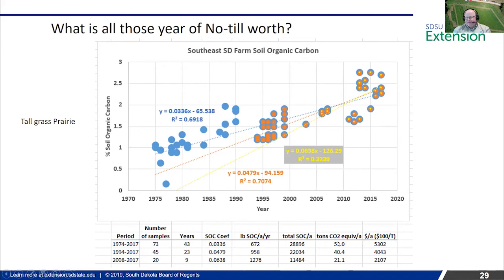So over that time period, this farm has sequestered 53 tons per acre of CO2. If I use a $100 value, that's $5,300 of sequestered CO2. The $100 value is under debate. You will see numbers from 10 to 200. So I just had to pick one.